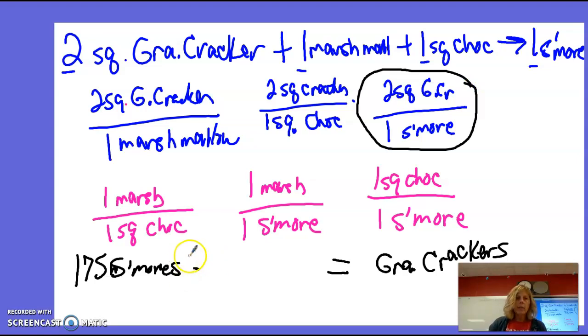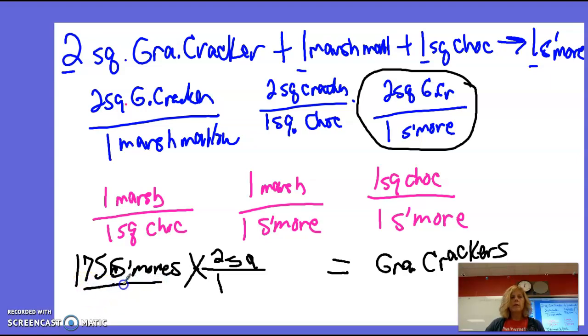Remember how we set these up? I'm going to multiply it by a conversion factor. I need to end up with graham crackers, so I need graham crackers on top. So I need 2 squares of graham crackers for every 1 s'more. I have 175. I need to make 175 s'mores.